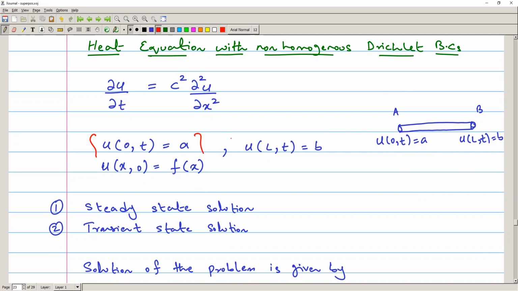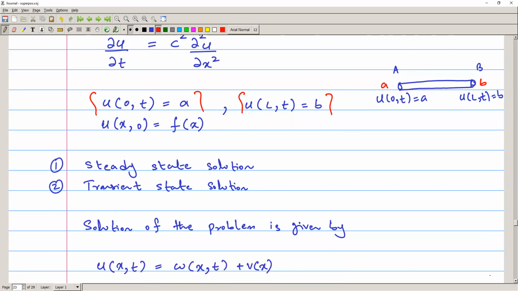All right, so at the boundary A, the temperature is A, and at point B, the temperature is B, right? So we can see that this is not equal to 0. That's why this is a non-homogeneous boundary condition. For these types of problems, we generally have two solutions.